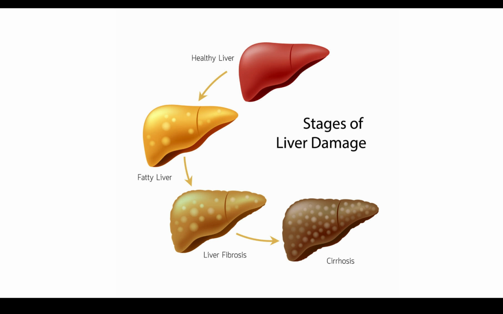We're going to go through a couple different examples, and we'll start with the liver because, like I said, that's the major organ involved in fat metabolism. If you have a healthy liver and you have some sort of abnormal fat metabolism or some other problem going on, you can get accumulation of those triglycerides within the liver tissue itself.